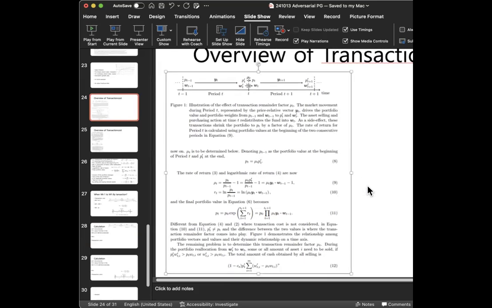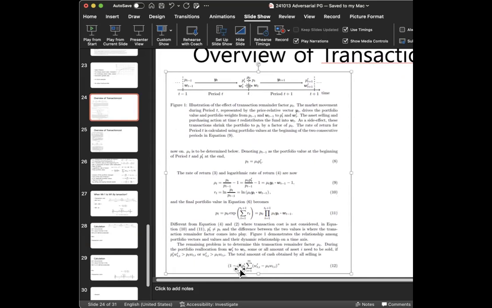But while calculating transaction cost, first they are using the commission rate factor.